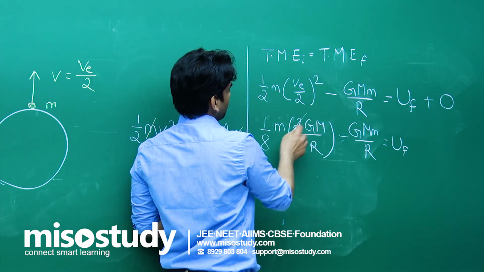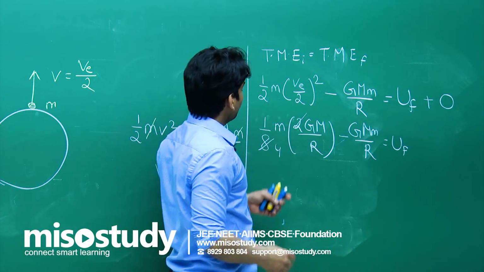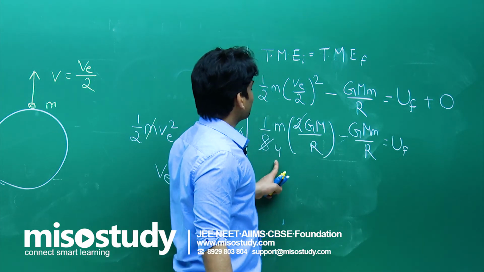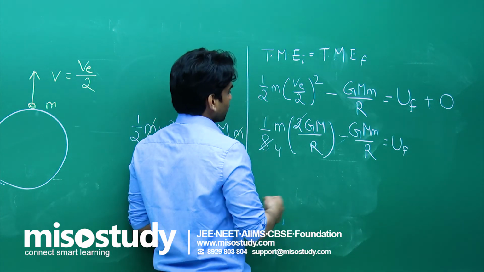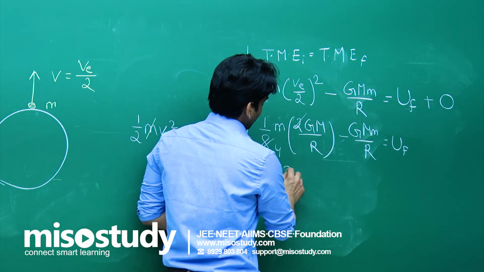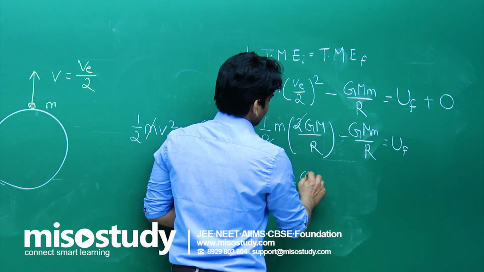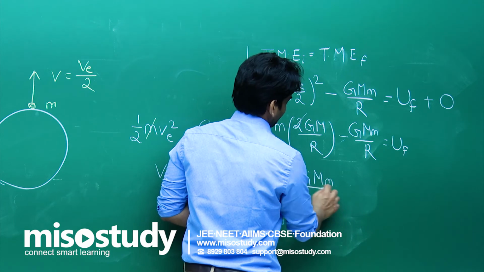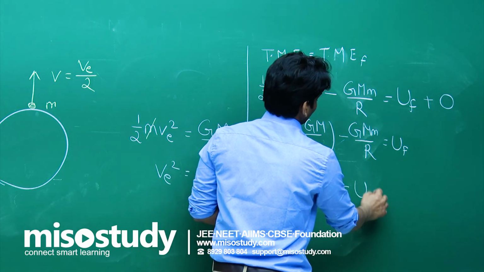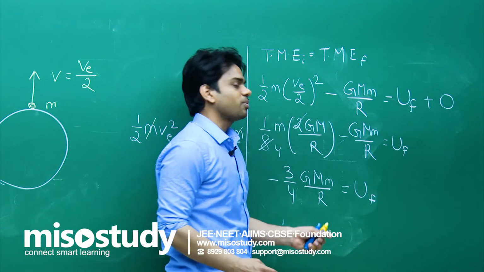Here you see this will be 4 times it will go, 1 minus 1 by 4, you will be getting 3 by 4. So this will come out to be minus 3 by 4 GMm by R, which is equal to the final potential energy.